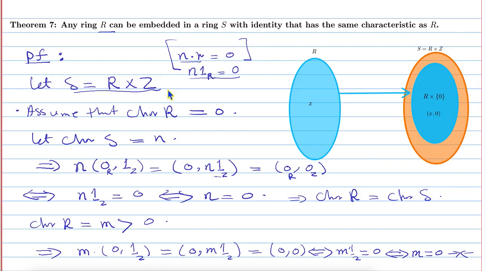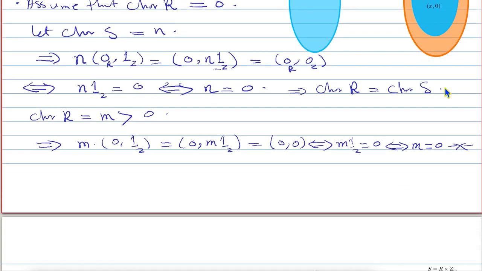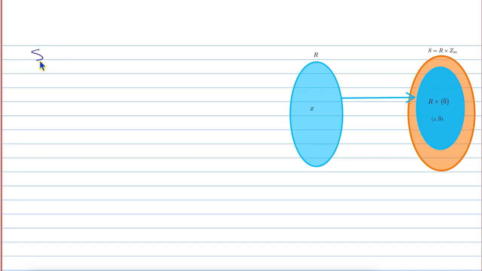Now what is the solution? If the characteristic is M, then instead of S equal R cross Z, we take R with a Cartesian product of Z sub M, the ring of integers modulo M, and then R is embedded as R cross the 0 of the ring of integers modulo M. So in this construction, of course, it needs to be proved that S equal R cross Z sub M is a ring.